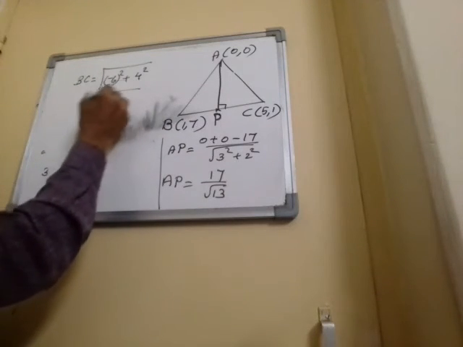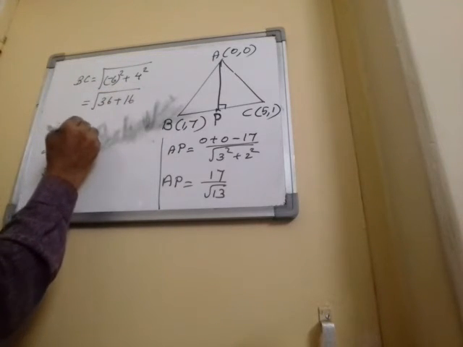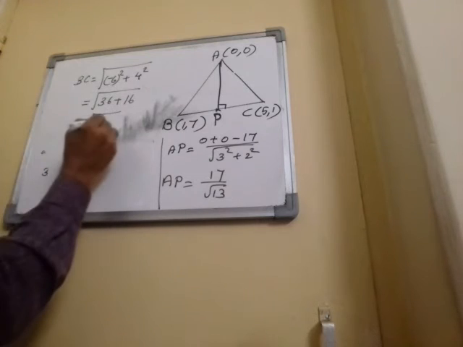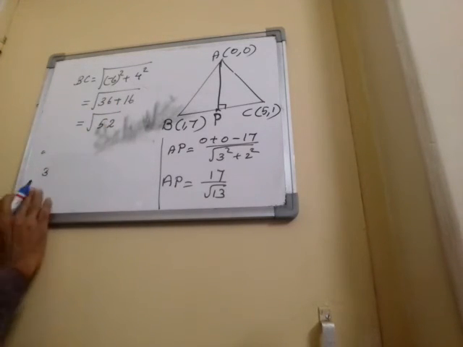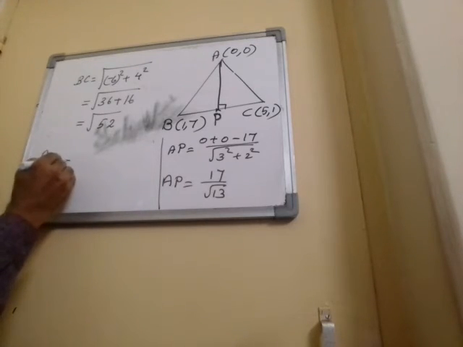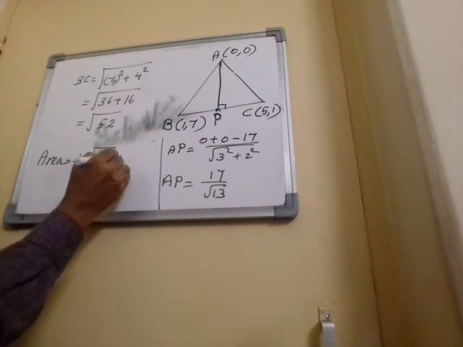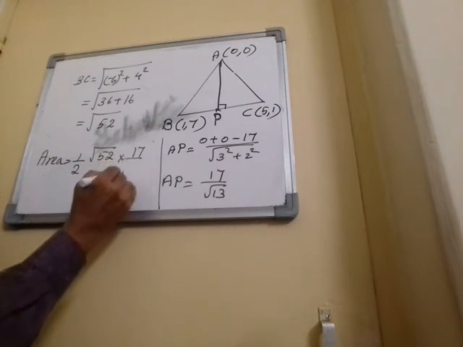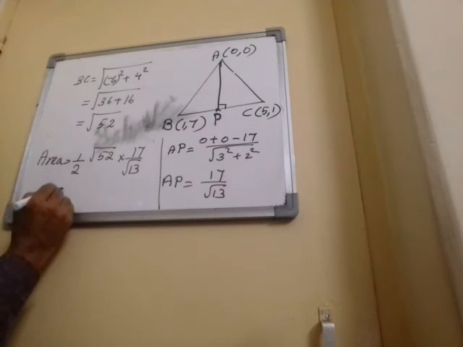So root 36 plus 16 equals root 52. Now area of triangle equal to half base into height.